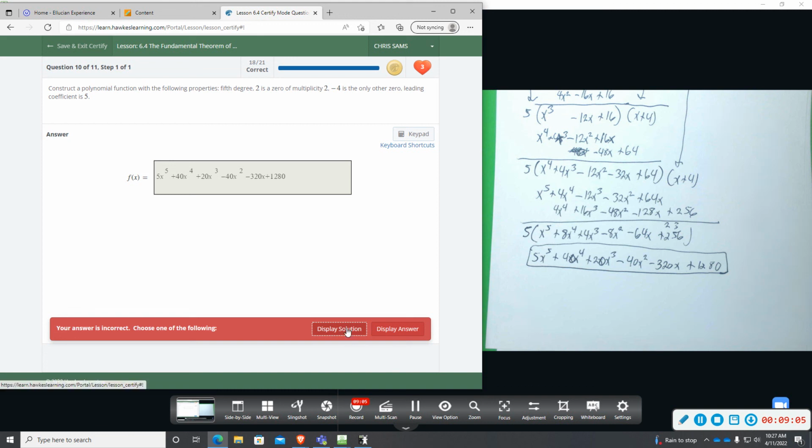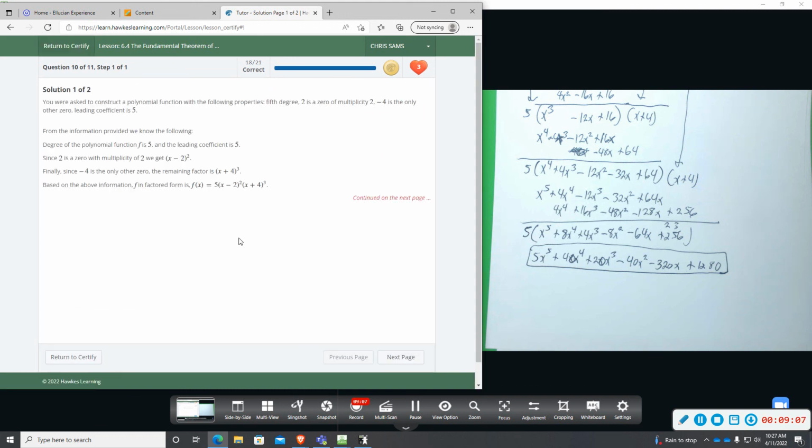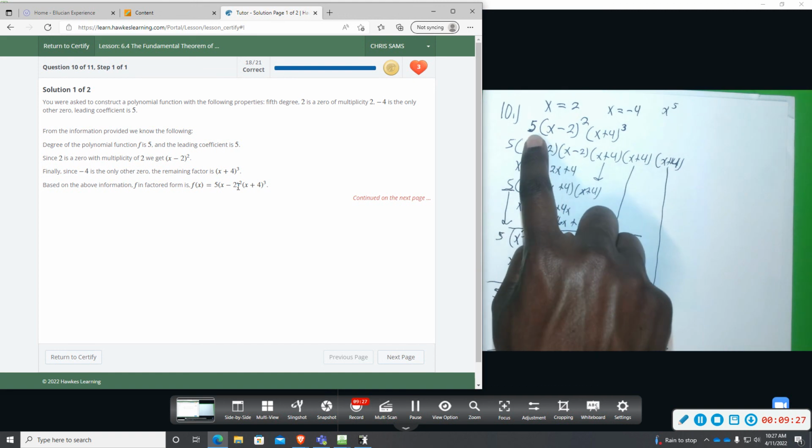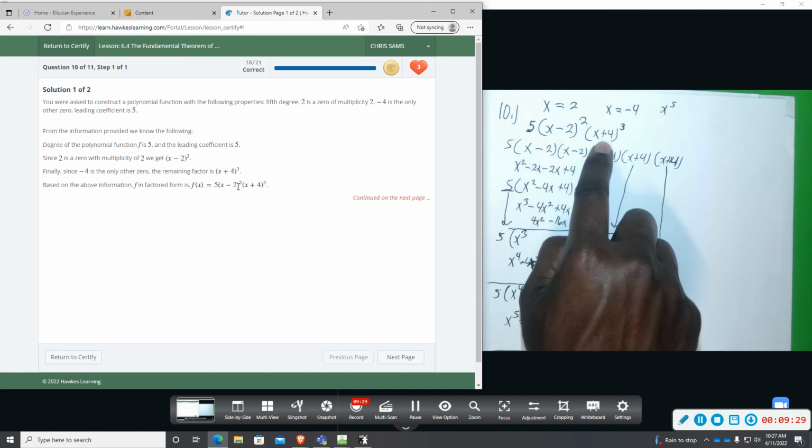Alright, so must have made a mistake somewhere. So they're just explaining what's going on here. So we got our x minus 2 and then our x plus 4 to the 3rd. And so that's what we started out with. 5 times x minus 2 squared, x plus 4.